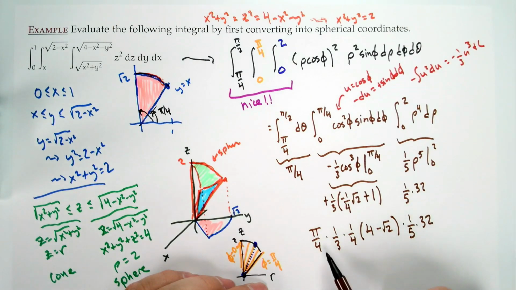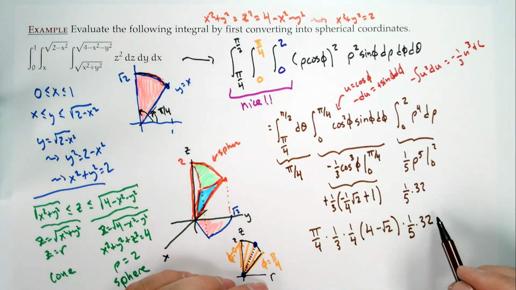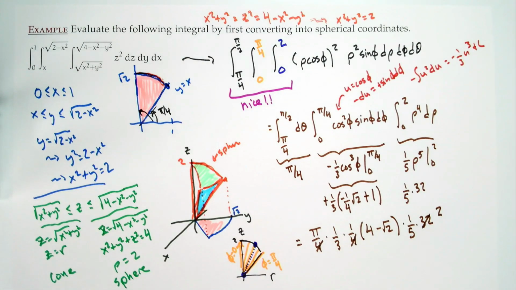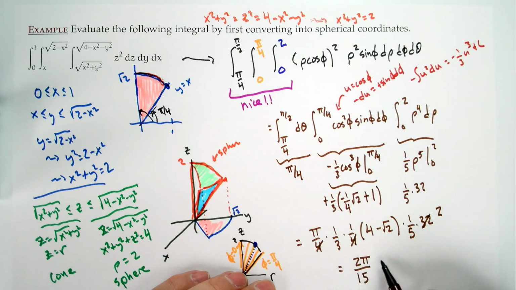Well, here's some nice facts. 4 and 4 become 16, and 16 goes into 32. So if we do that math, which we do really quickly, we get some nice cancellation. And so what do we end up with? We get 2 pi over 15 times 4 minus square root of 2.